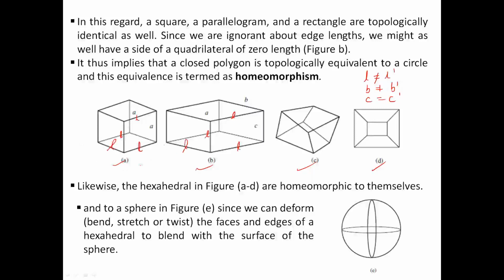Hence, these two objects, that is A and B, are topologically similar. But are they geometrically the same? No, sir. Okay? Why are they not geometrically the same? Because the value of the dimension of height is not similar. Okay? Similarly, the value of width over here is not similar. The value is A, and here the value is B. So length, width, and height, the values are not similar, but topologically they are similar.